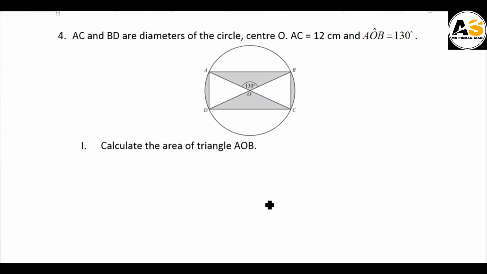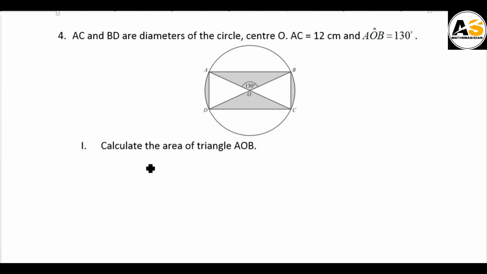Fourth question. AC and BD are diameters of a circle. Its center is O. AC is 12. And angle AOB is 130 degrees. We have to find the area of triangle AOB.